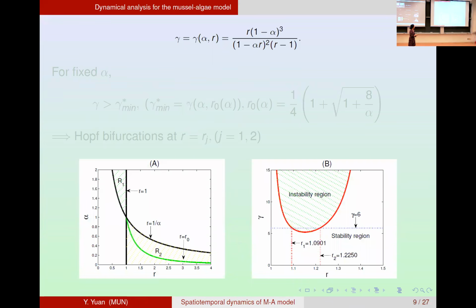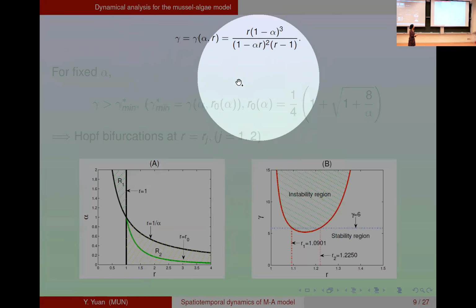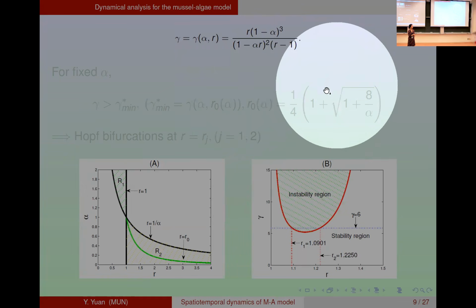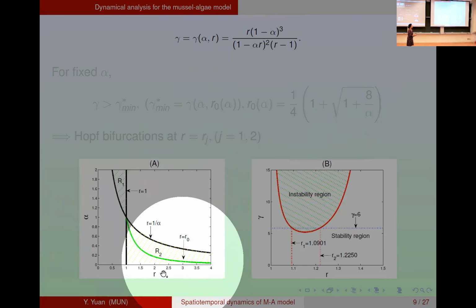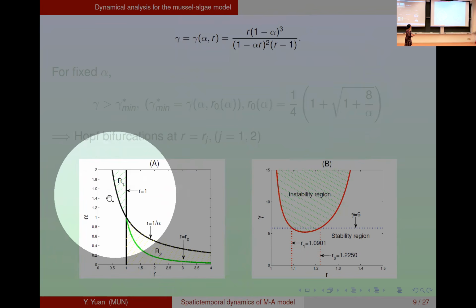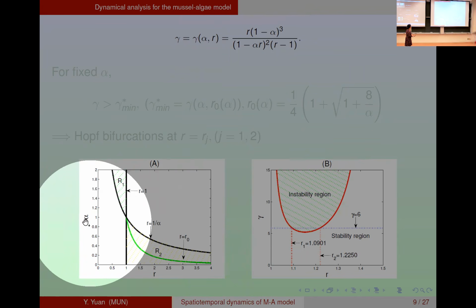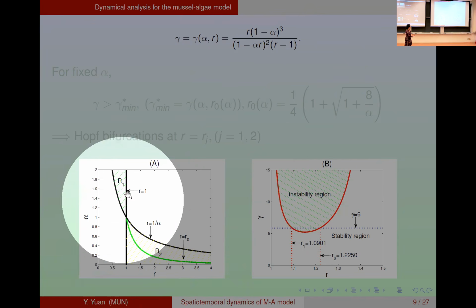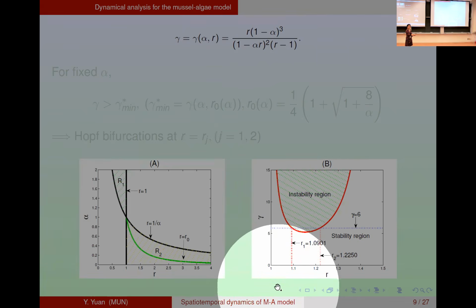Actually, we can find this relationship with these 3 parameters. This is in the R and alpha plane. For R1 and R2, the positive equilibrium exists.